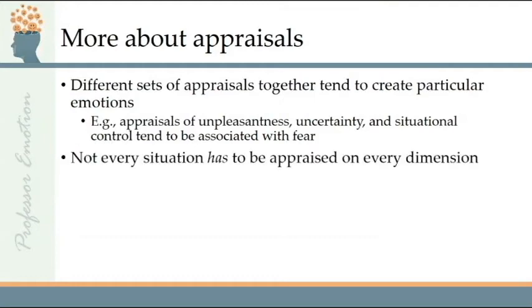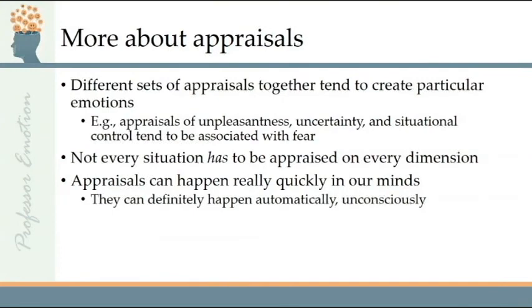The other thing to note is that not every situation has to be appraised on every dimension. And we're probably not appraising every situation, every thought, every event on all of these dimensions. But it does mean we have a little bit of choice onto what kind of dimensions we're thinking about when we're thinking about these situations. And that's my last point. Appraisals can actually happen really quickly.